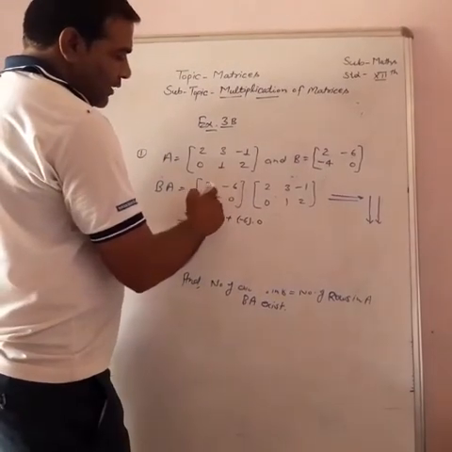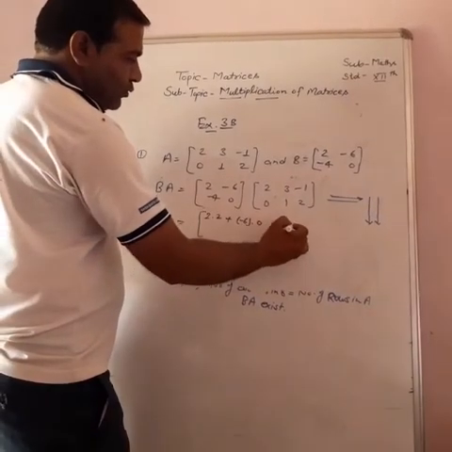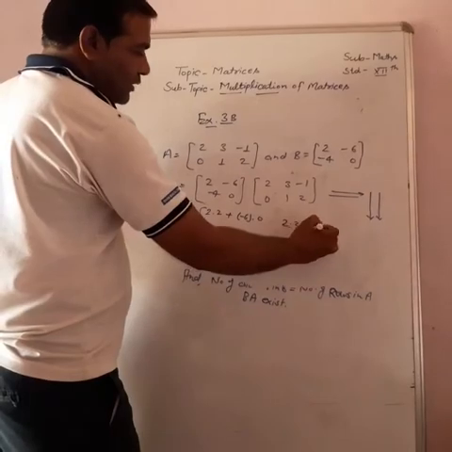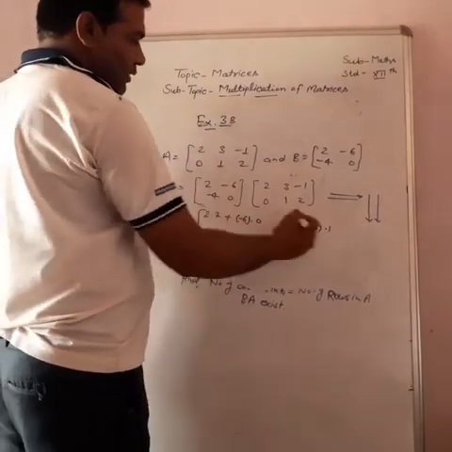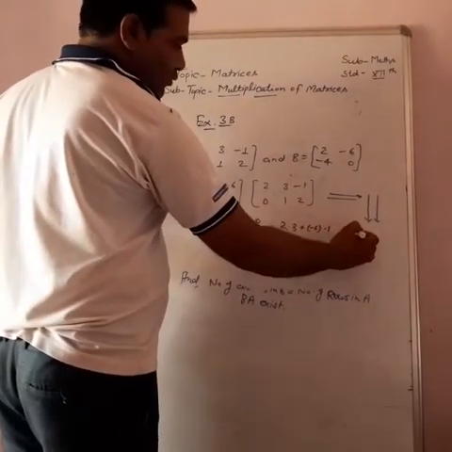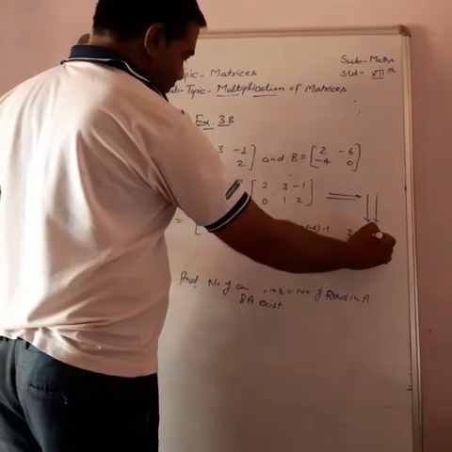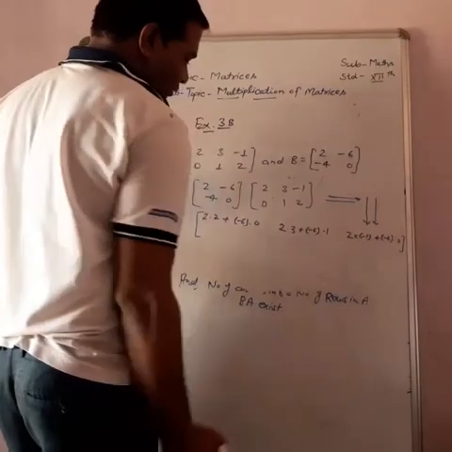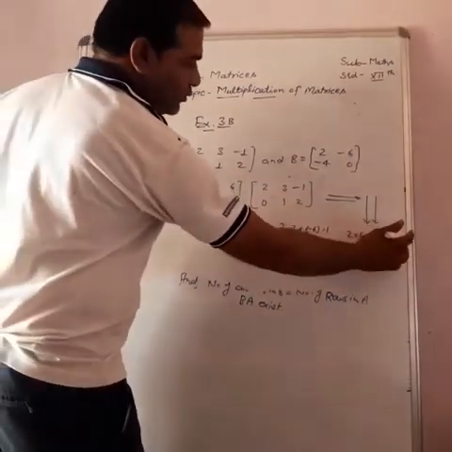Then again from the first row, 2 into 3 plus -6 into 1. Again 2 into -1 plus -6 into 2, sorry.